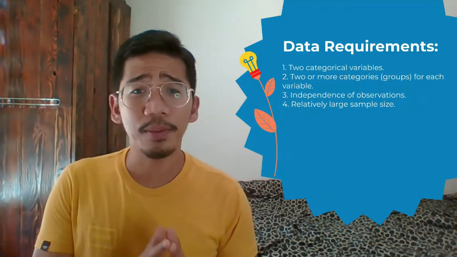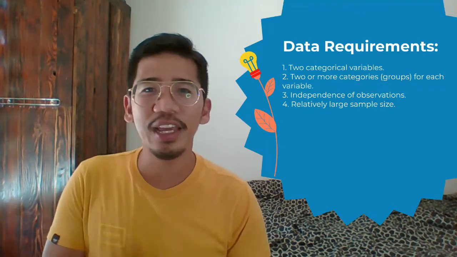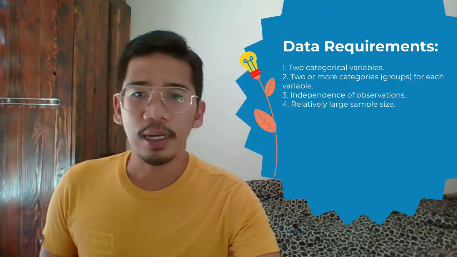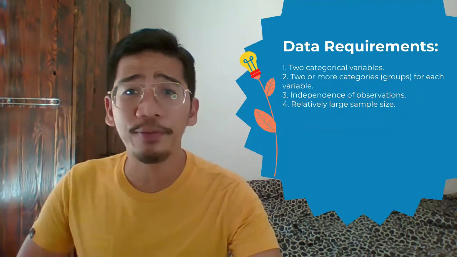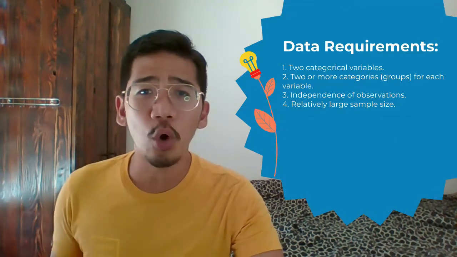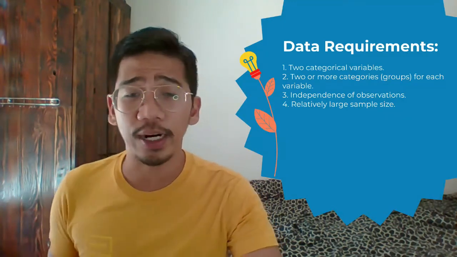Aside from the previously mentioned assumptions, your data must meet the following requirements too. First, as mentioned earlier, you should have two categorical variables. And then you should have two or more categories or groups for each variable.